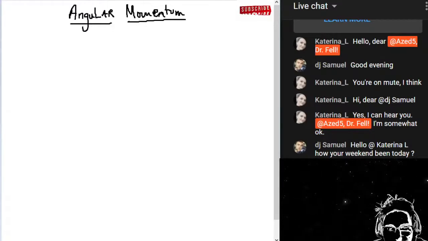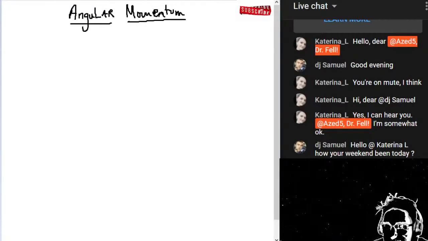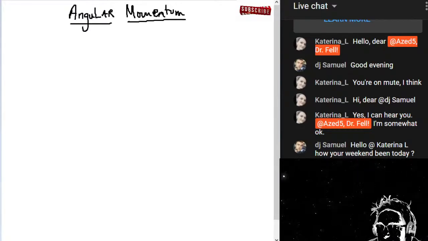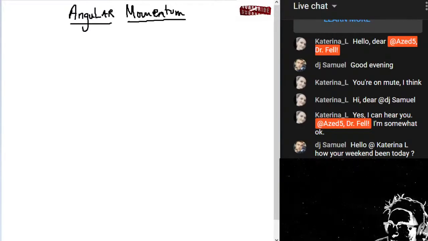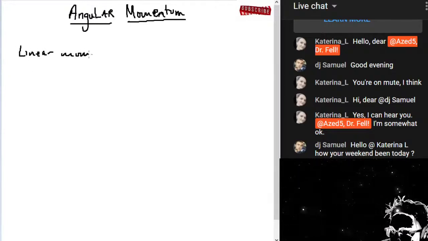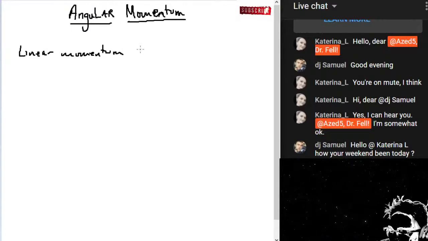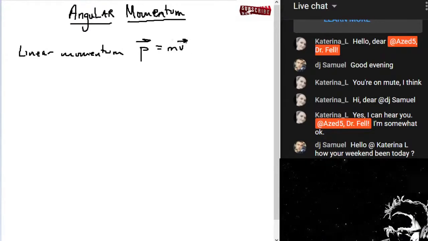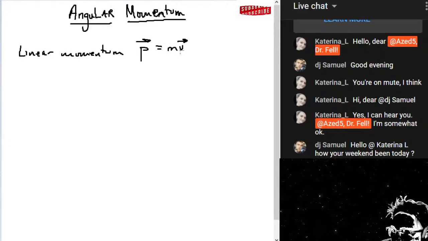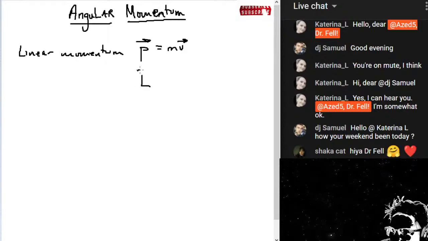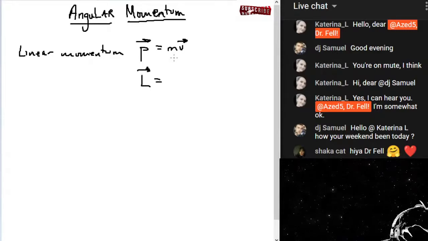Okay, angular momentum. Remember what momentum is? Momentum is a property of anything that's moving. And when we talked about linear momentum, we said it was P, a vector, equals m times v. That was mass times velocity. So with angular momentum, we're going to call it L, capital L. And remember, when things are spinning, we cannot use m.